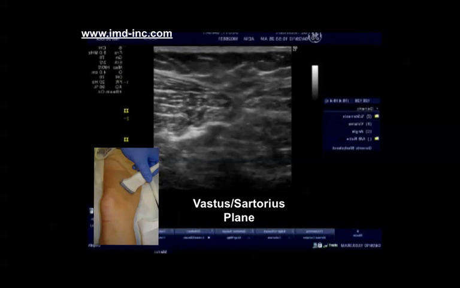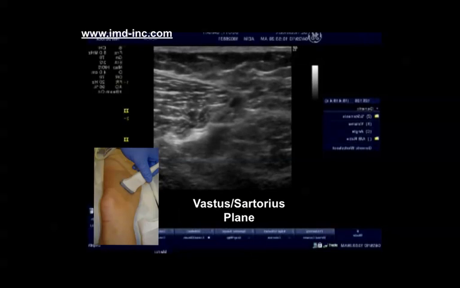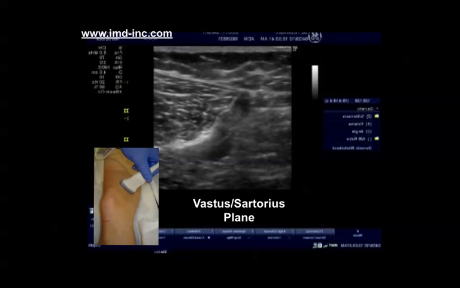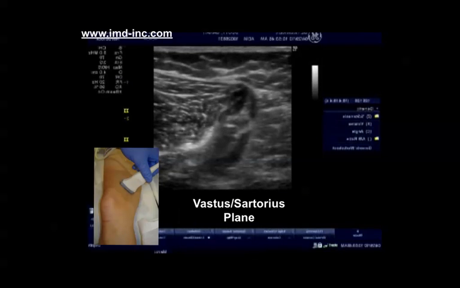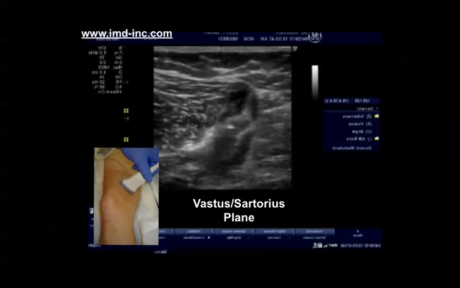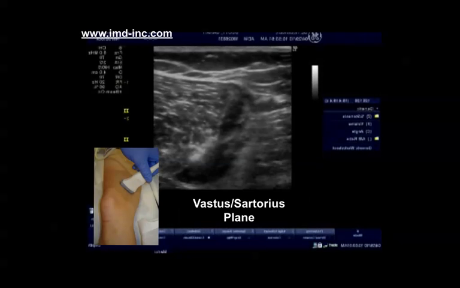So here it is passing the connective tissue, and now as the needle injects, we see local anesthetic spreading not only in the tissue plane between the vastus medialis and the sartorius, but in the adjacent muscle bellies adjacent to both of these structures. So this was the egress of our local anesthetic, as opposed to outflow from a single bevel.